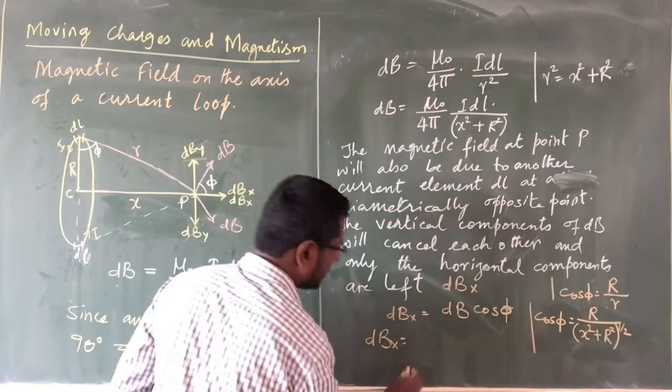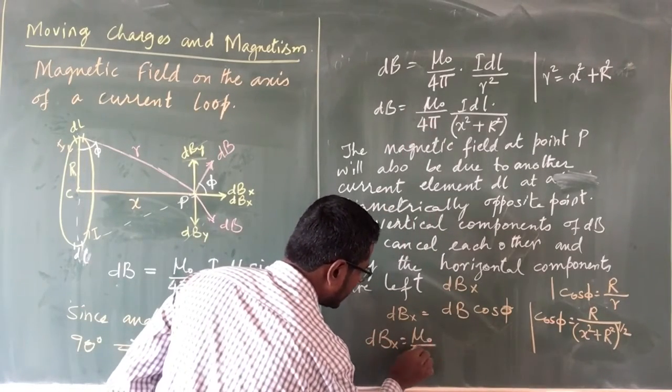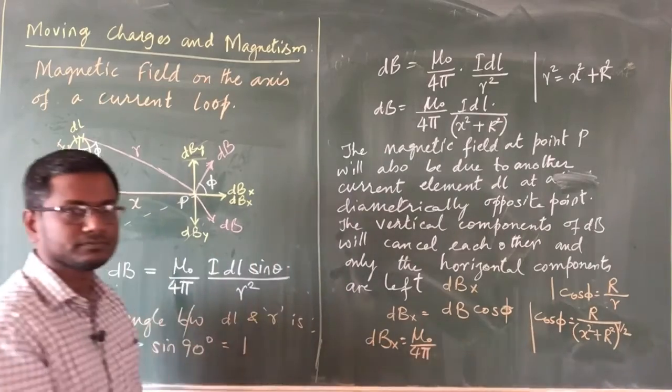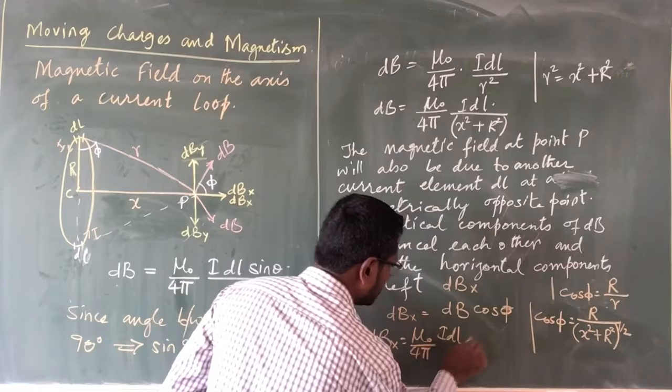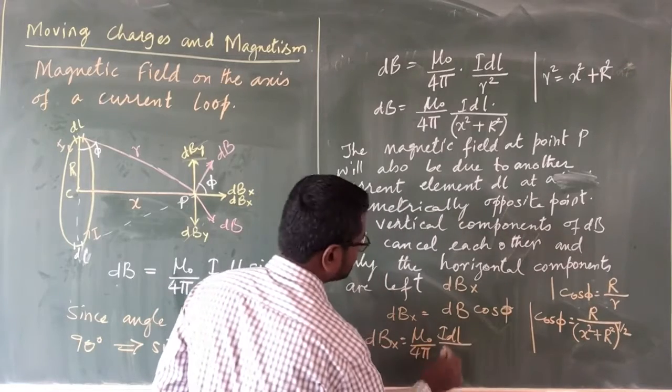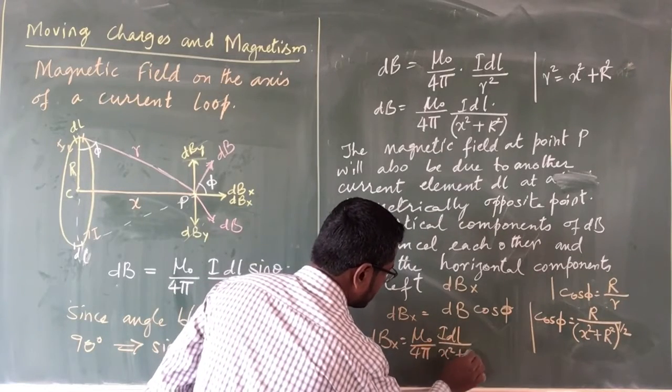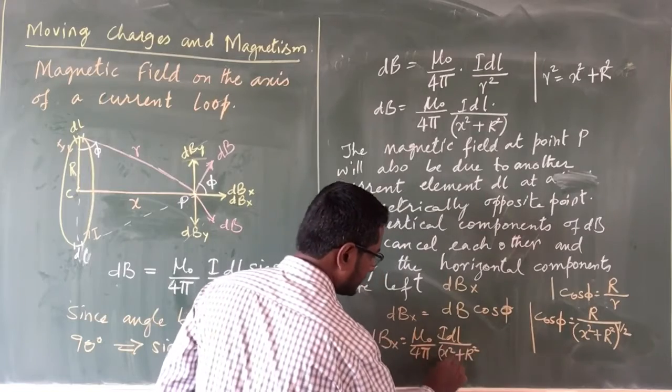The value of dB is mu naught by 4 pi into I dl divided by x square plus R square.